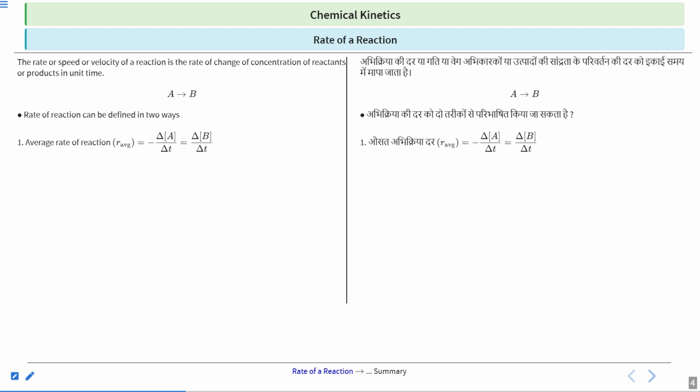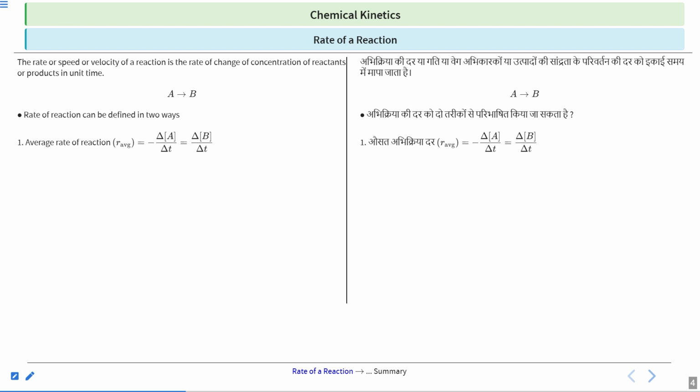Clear? Now one thing to notice is why we are putting the negative sign. This is given to keep the rate as a positive value, meaning the rate of reaction should always be positive. Why? You must have never seen that the speed of an object can be negative. It is not possible, right? You can use the same analogy here also, that the average rate of reaction or any rate of reaction can never be negative.